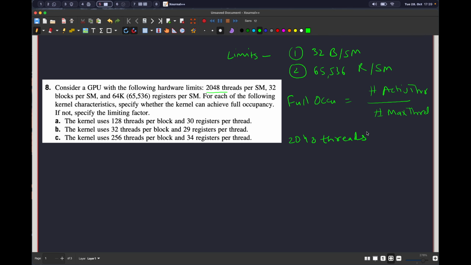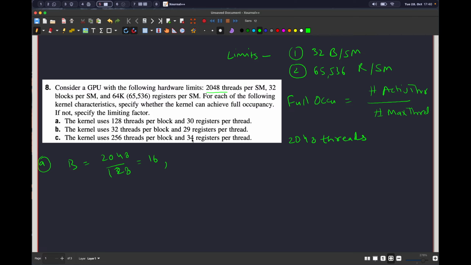In the first case, the kernel uses 128 threads per block, so we will check the first limit. For part A, the number of blocks will be 2048 divided by 128, which is 16 blocks. So the first limit is satisfied.